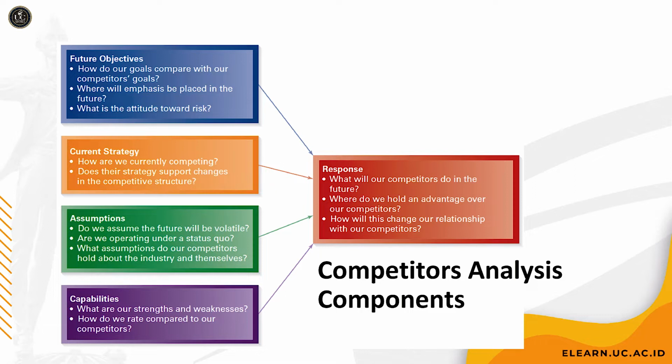Try to identify their assumptions at the moment, assumptions about themselves, assumptions about you, and assumptions about the industry and the competition to win the market. And then also identify their capabilities, and all the 4 factors over there will be combined to figure out the response that they will make. It means what the actions of your competitors would be in the near future within the industry.